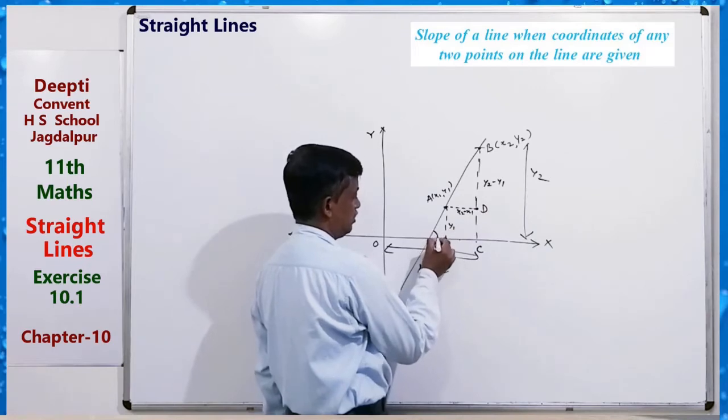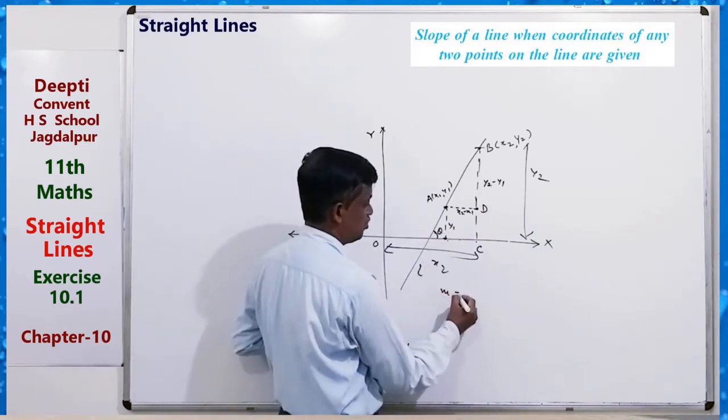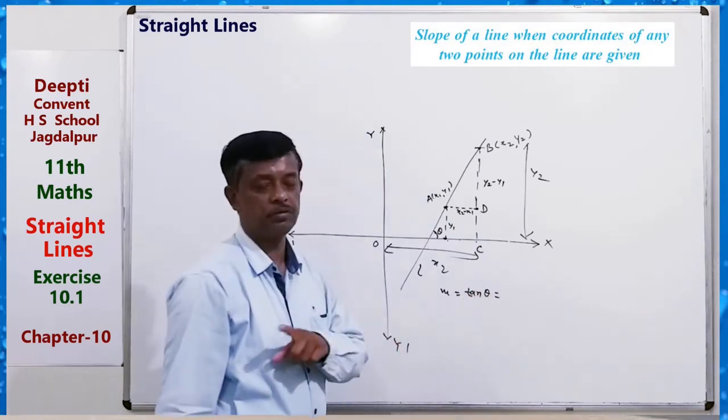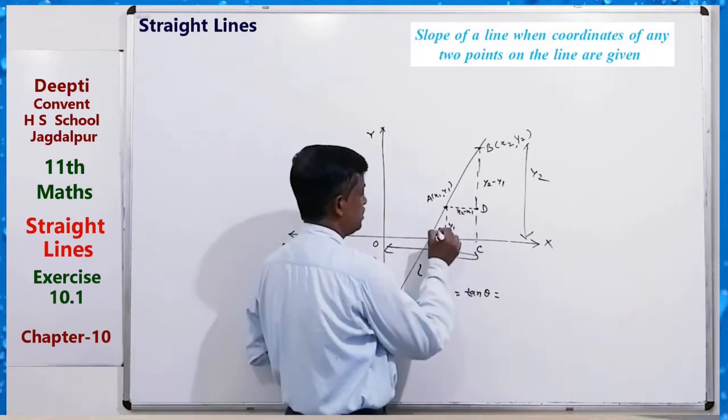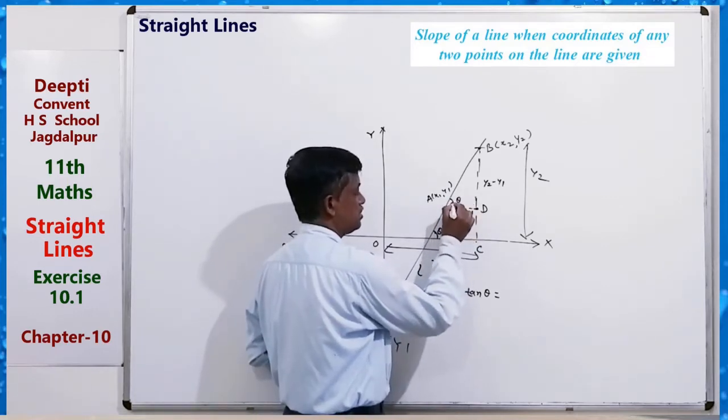Now if this is theta, then slope is tan theta. Tan theta equals perpendicular by base. If this is theta, then this is also theta, because these two are parallel lines.